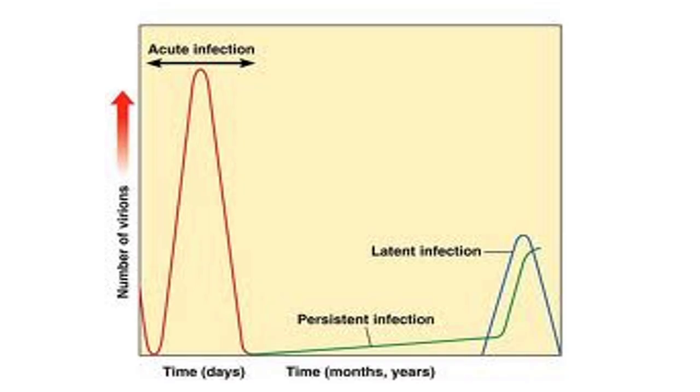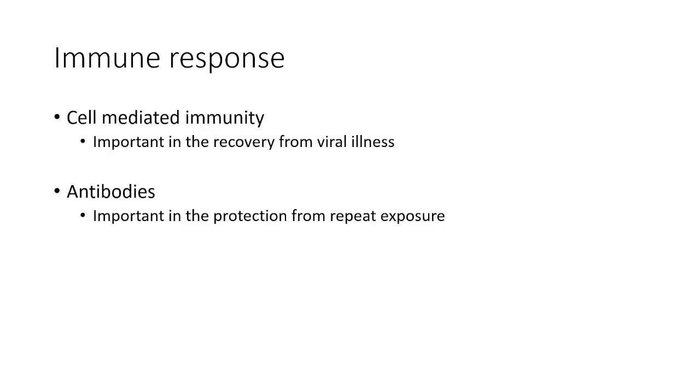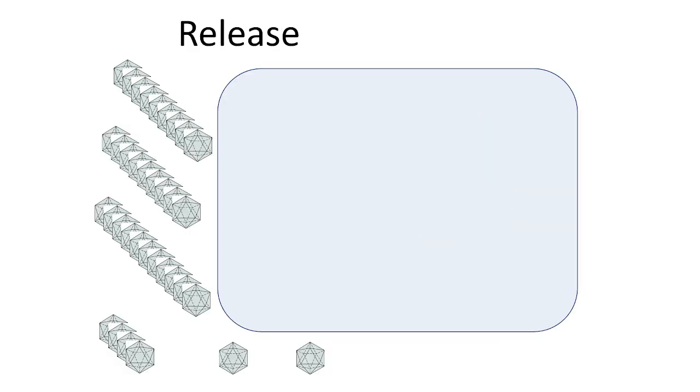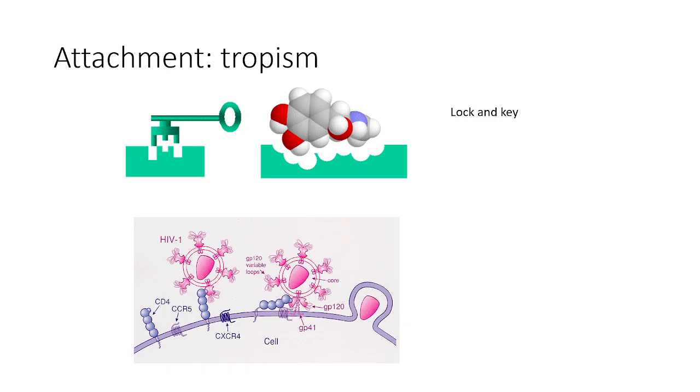The acute infection happens in days. Then there is a persistent infection that remains for months or years, and then there is a latent infection that is a sudden rise. Okay, so that's about it.